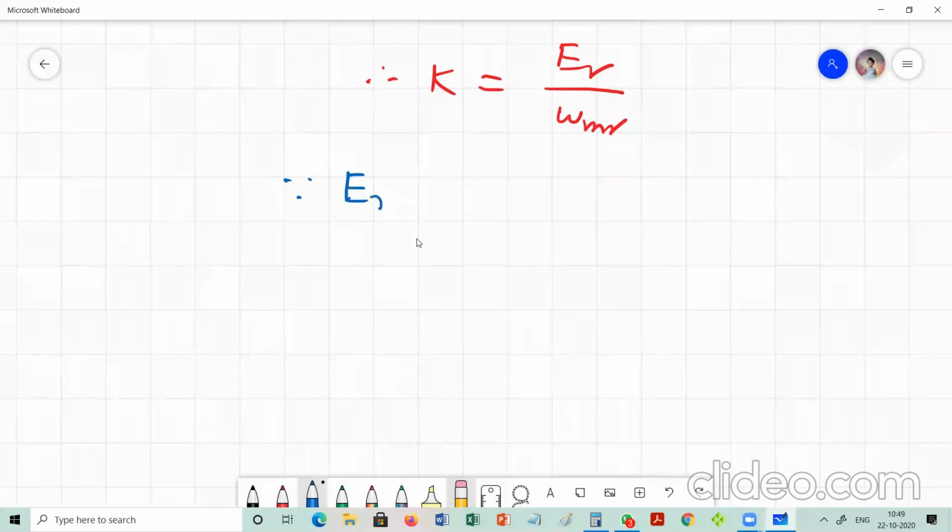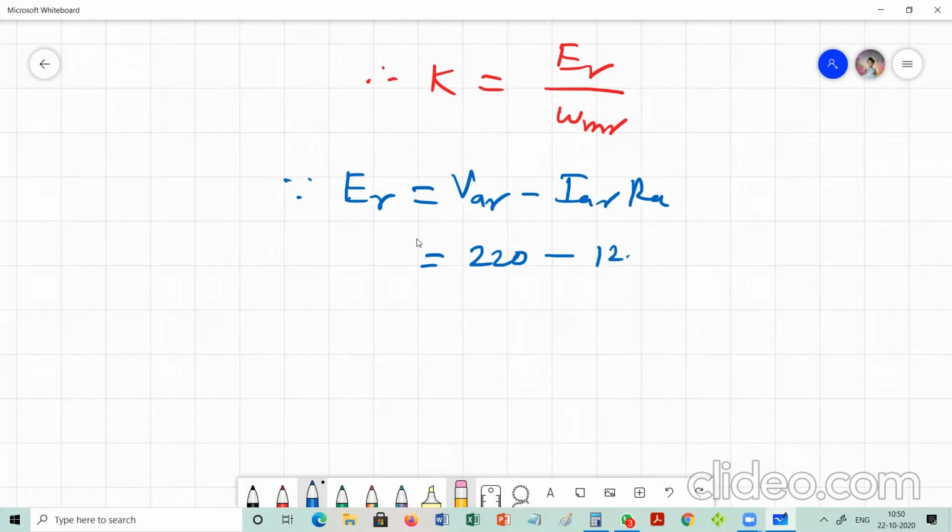Since ER is equal to VAR minus IAR into RA. VAR they have given equal to 220, minus IAR they have given 12.8, into RA they have given equal to 2.